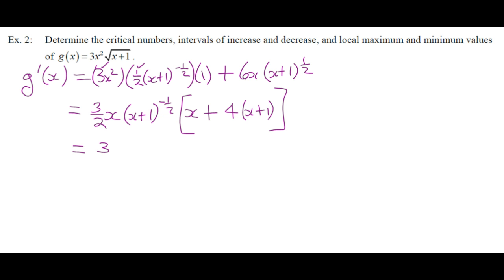So 3 over 2 root x plus 1, right? So let's put that there. And then we've got an x. And what do we have here? 5x plus 4. Okay, so how's that? Does that look good?